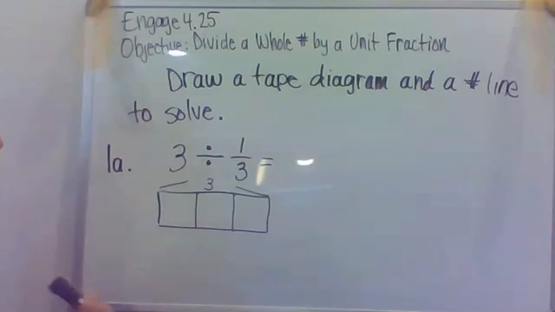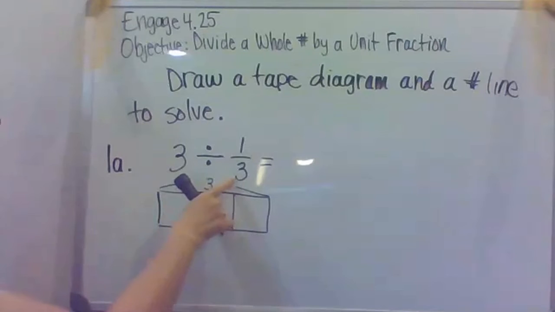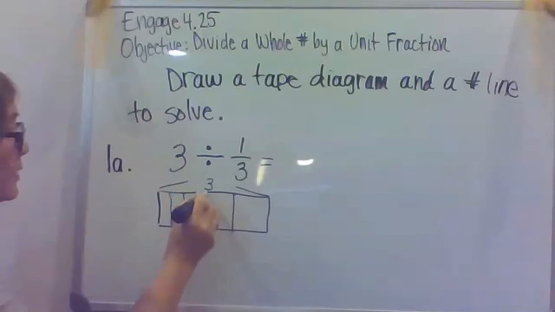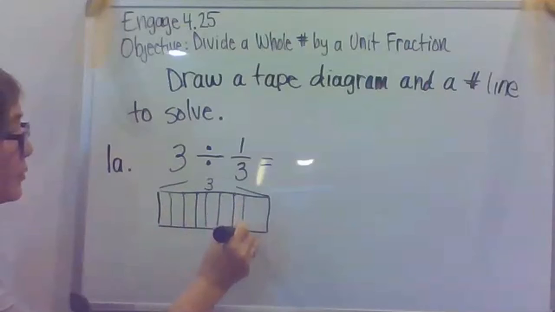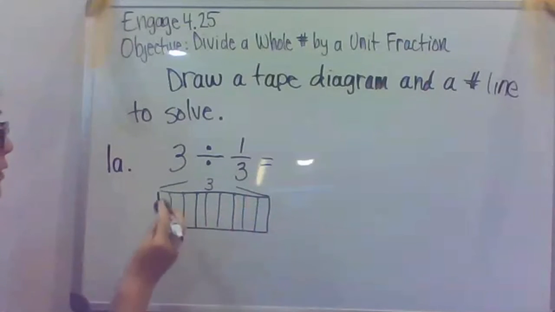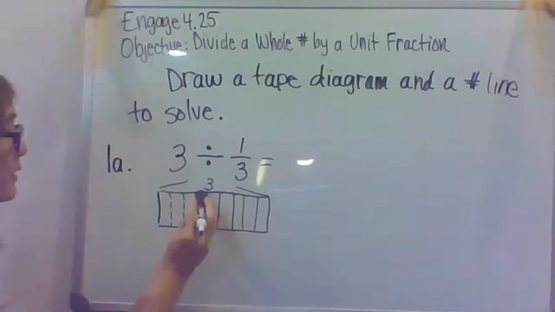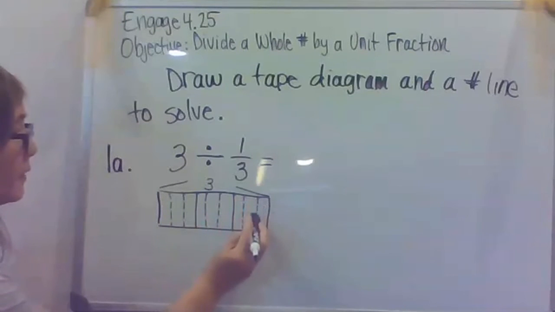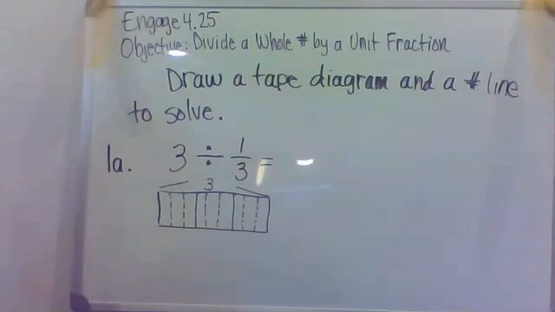Okay, now they want you to take your 3 wholes and divide it into thirds. So take this one and split it into 1/3. Take this one and split it up into 1/3, and split this one up into thirds. And if you guys want to, you can make them dotted lines so you can see that those are your little thirds. Okay, so you've got your thirds there.